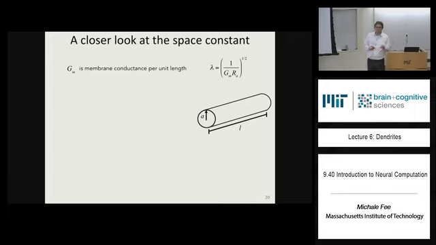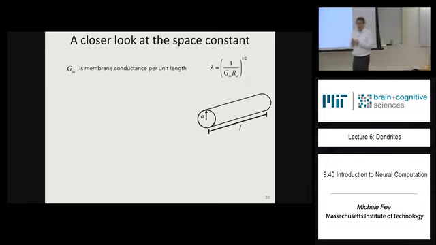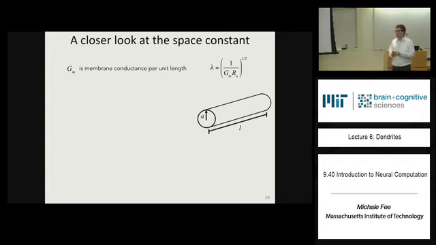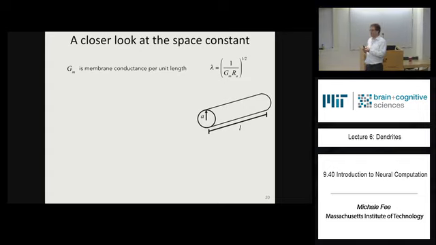Okay, so I want to show you one really cool thing about the space constant. It has a really important dependence on the size of the dendrite, and we're going to learn something really interesting about why the brain has action potentials.